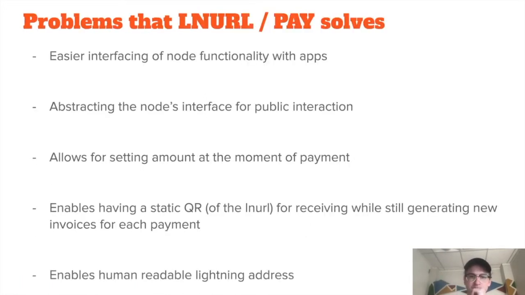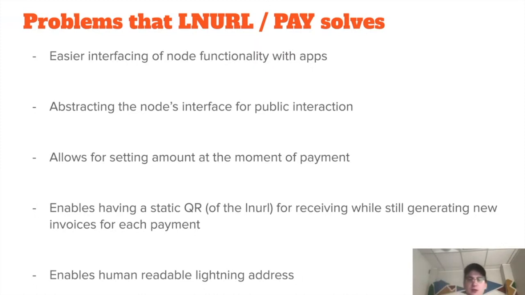Okay. So problems that LNURL and the Pay LNURL spec specifically solves. So easier interfacing of node functionality with apps. Once again, this is the idea of your node or certain aspects of your node being able to communicate with an app.